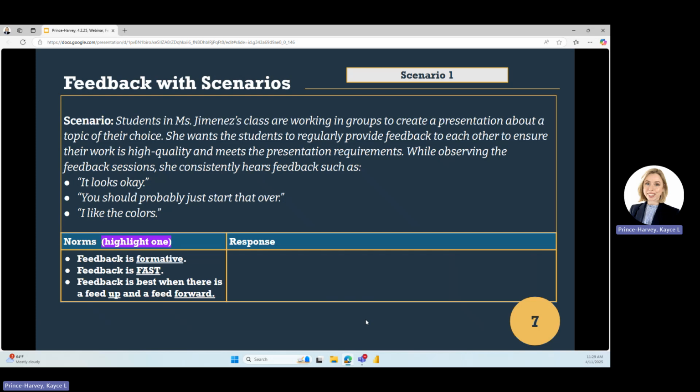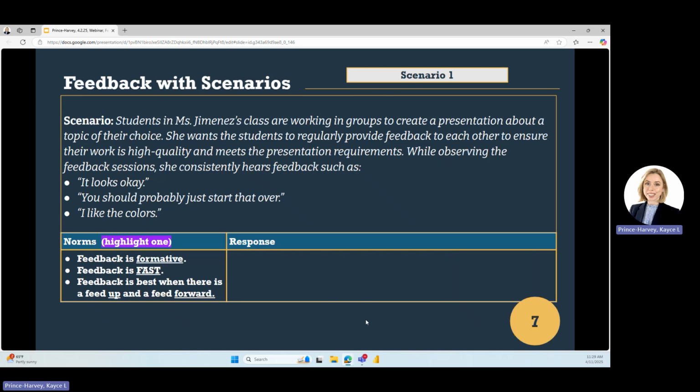So we see the example here of the scenario that students in Ms. Jimenez's class are working in groups to create a presentation about a topic of their choice. She wants the students to regularly provide feedback to each other to ensure their work is high quality and meets the presentation requirements. While observing the feedback sessions, she consistently hears feedback such as, "It looks okay," "You should probably just start over," and "I like the colors."